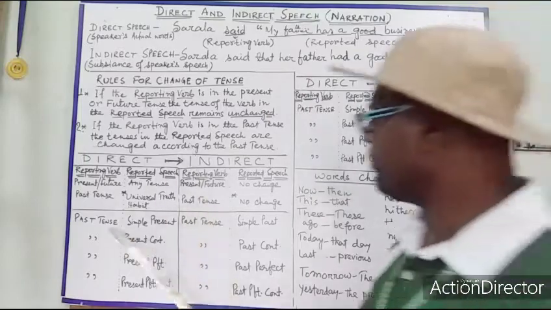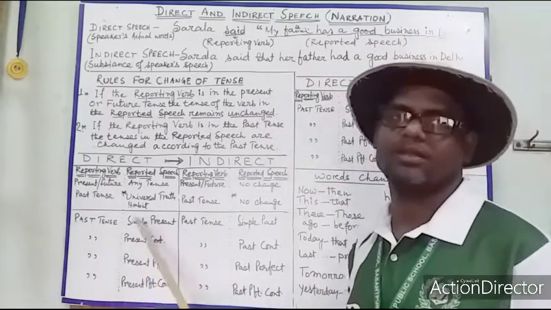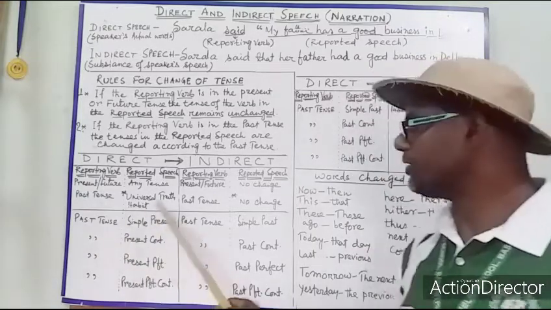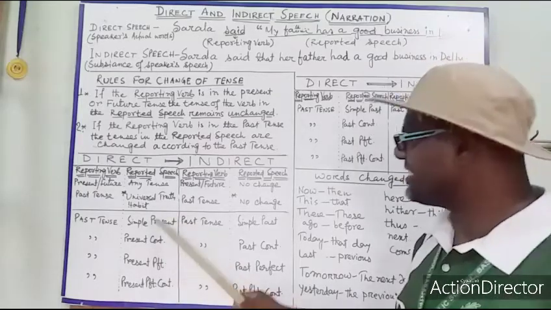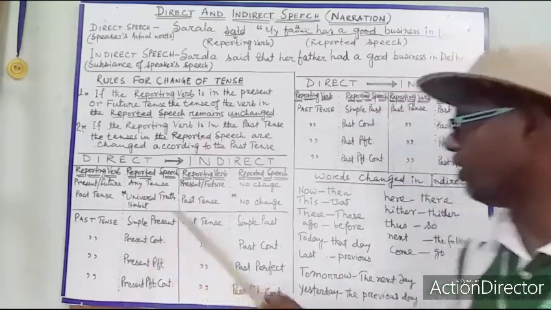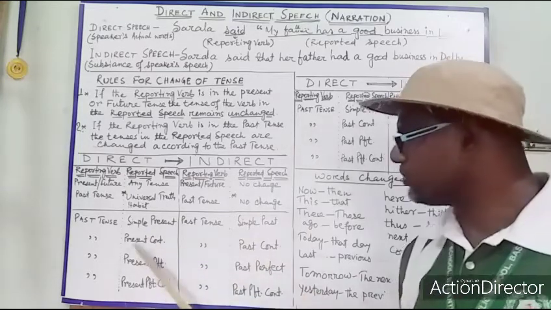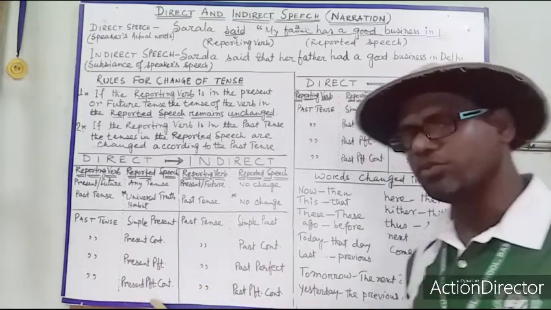If the reporting verb is in the past tense, and the verb in the reported speech is in any present tense, that will be of that past tense. Simple present will be simple past, present continuous will be past continuous, present perfect will be past perfect, present perfect continuous will be past perfect continuous.